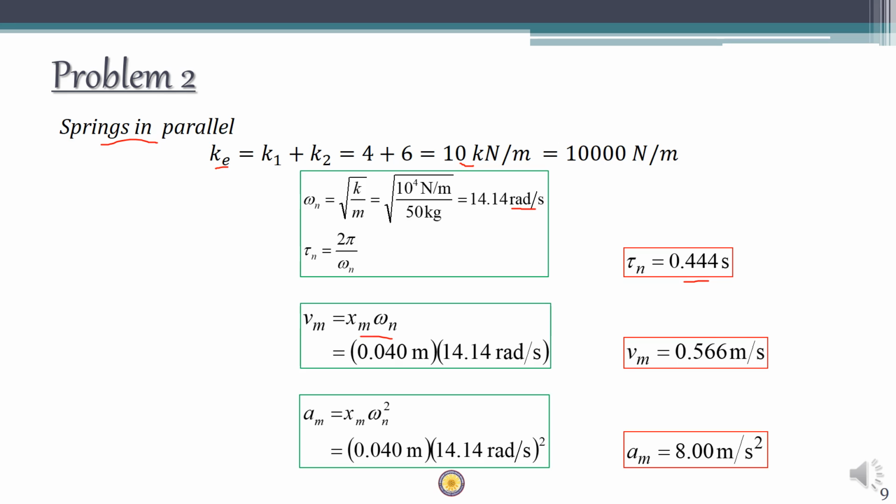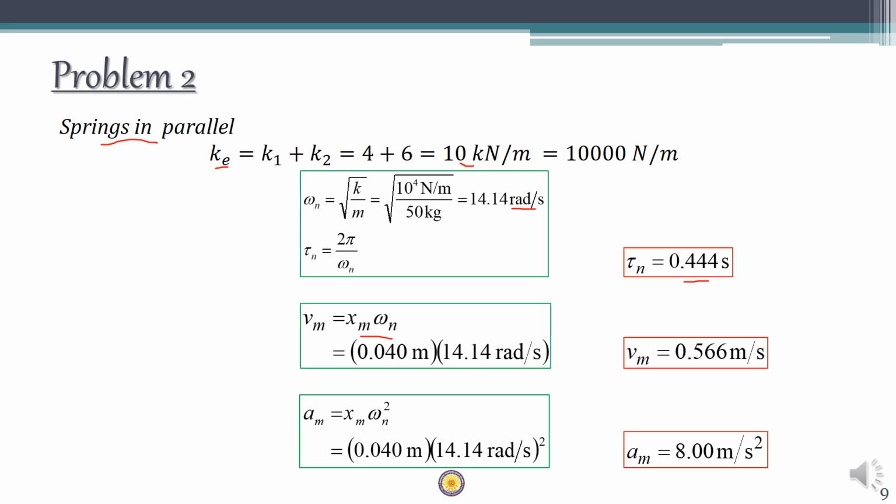Here r is 0.04, which is the amplitude, multiplied by omega n, 14.14. So you get Vm equal to 0.566 meter per second. Again you have to find the maximum acceleration, which is at the extremes, and its value is xm into omega square, or r into omega square. So 0.04 into omega square, you get Am equal to 8 meter per second square.